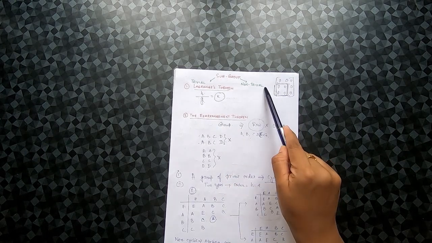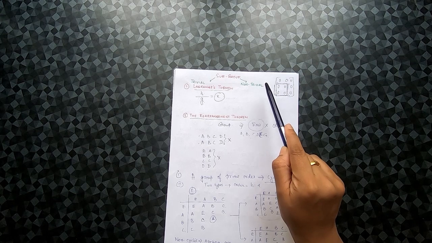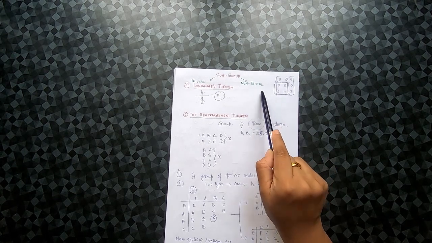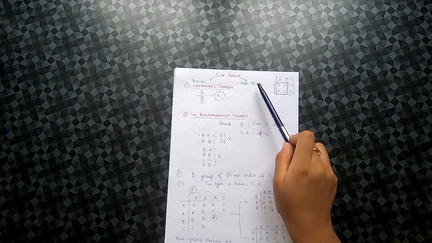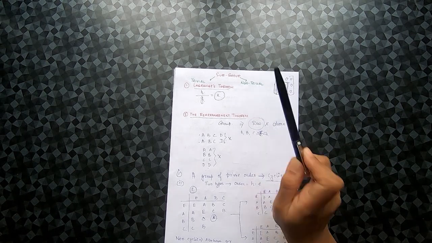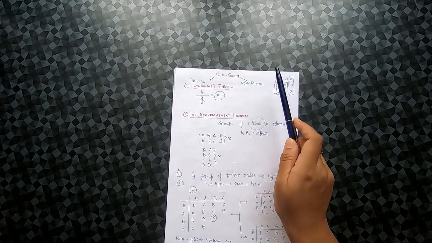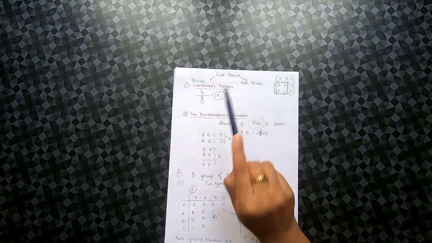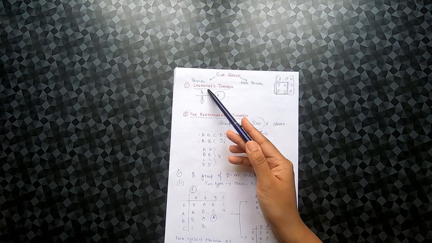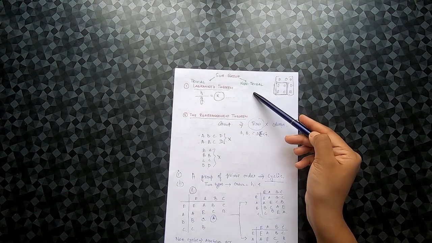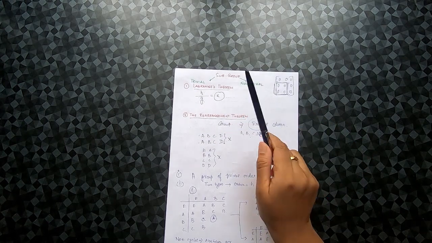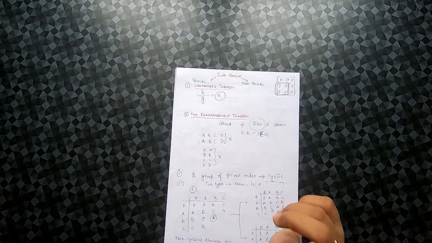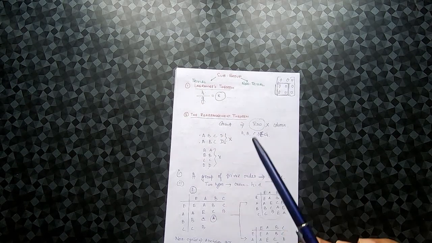In a non-trivial subgroup, the minimum order is 2, and the presence of E or identity is inevitable in any of these subgroups. It may be trivial, it may be non-trivial. At least one element in these two subgroups is E or identity.